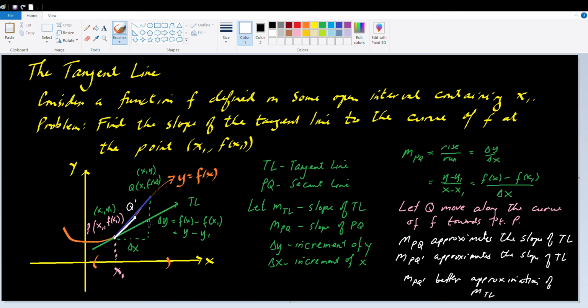Alright? So if we continue allowing Q prime to approach P, the slope of the secant line gets closer and closer to the slope of the tangent line.